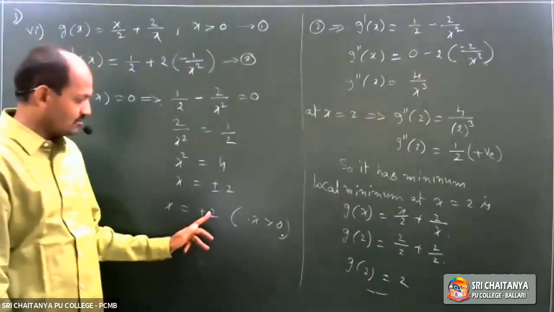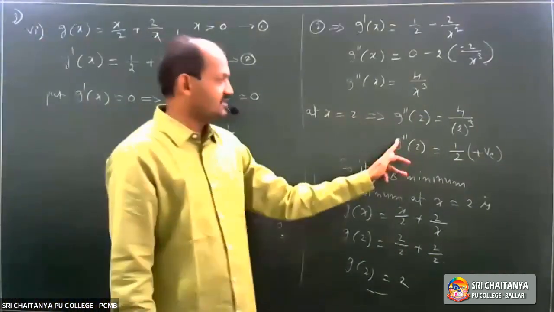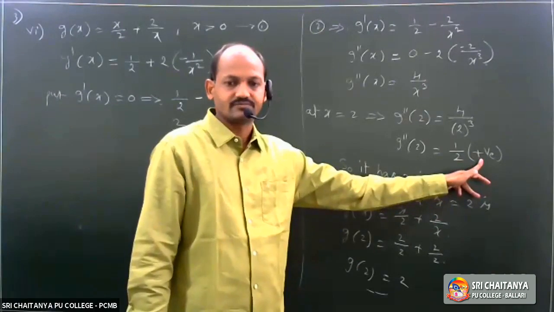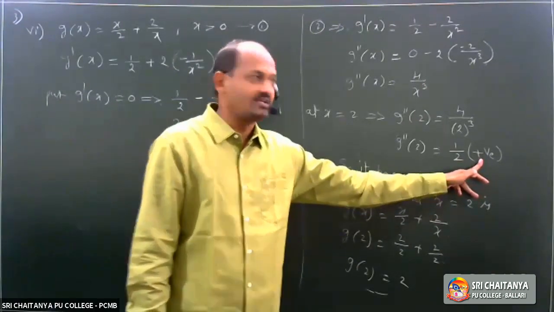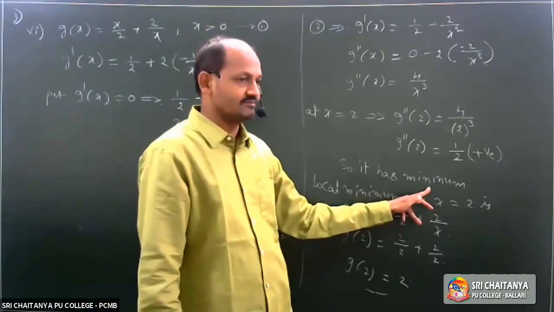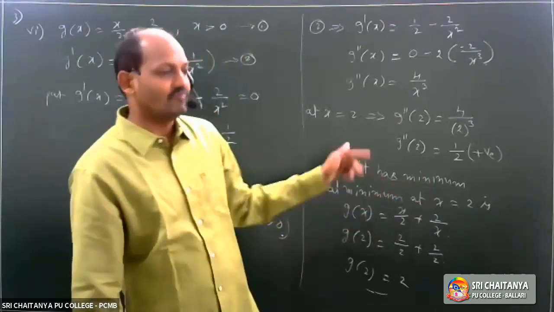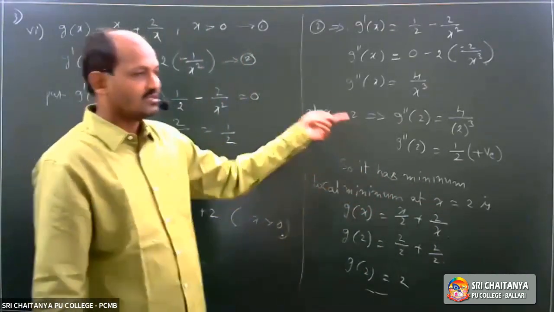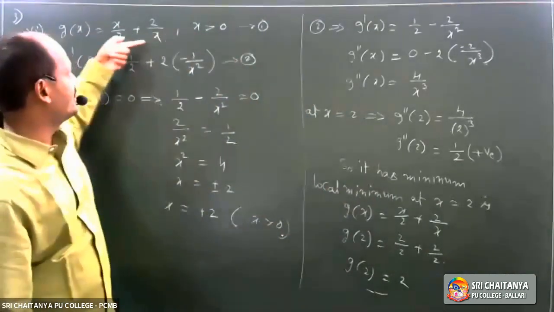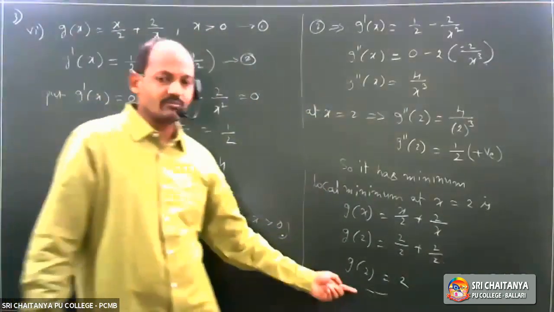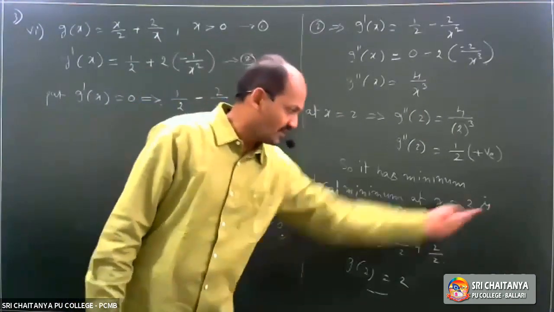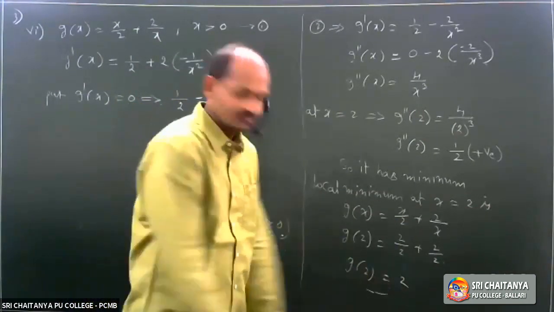With x value 2, g double dash of 2 is equal to 1 by 2, which is positive. If the second derivative is positive, it has a minimum. Then for the minimum value, substitute x equal to 2 in the given function. Therefore, the local minimum at x equal to 2 is 2. Write down.